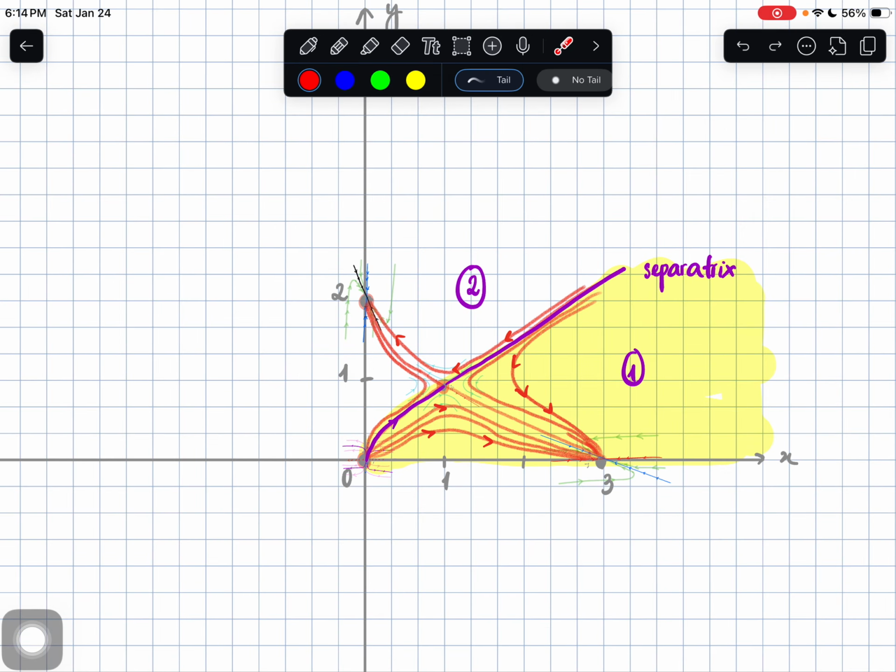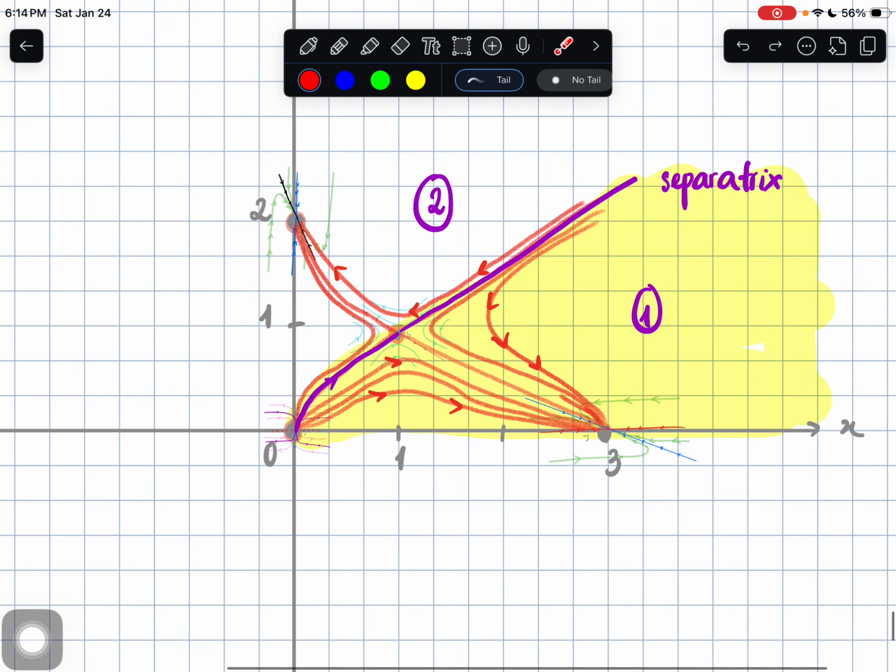For the region above, for example, if we are here, eventually, over time, we will arrive here. Or if we are here, eventually, over time, we will get here.